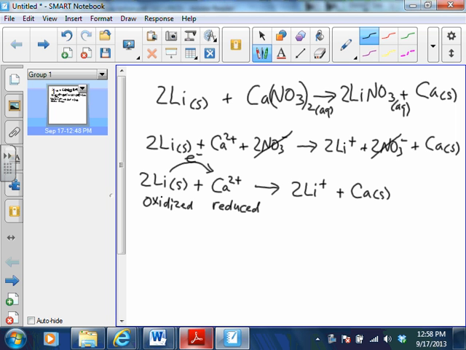All right, now I got a handy little acronym on the next page, number 15, that will help you with this. LEO goes GER. All right? You're going to say this to yourself a lot this unit, I promise. LEO goes GER. Lose electrons, oxidation, LEO.